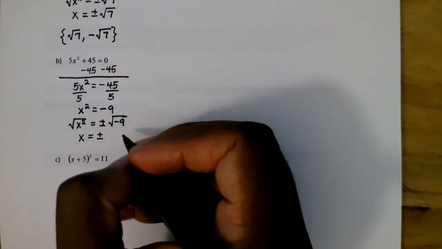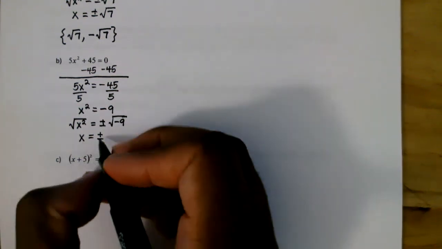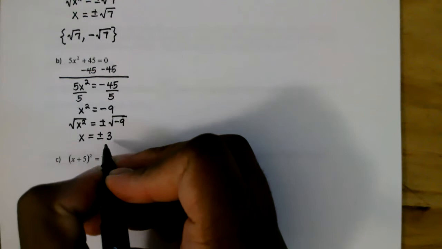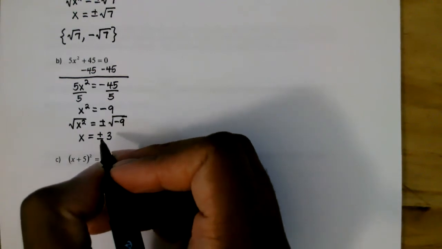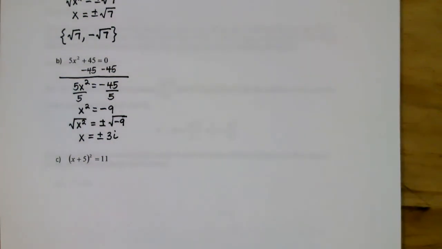You have to think about this from when we were dealing with complex numbers. Of course, the square root of 9 is 3, but the square root of negative 1 is i. Because of the negative underneath the radical, that means there is a negative 1, and the square root of negative 1 is i.